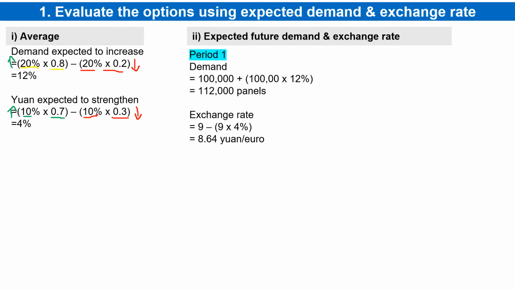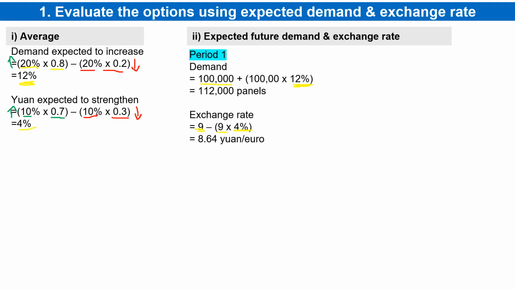So for period 1, the demand is 100,000 plus 100,000 times 12%. The 100,000 is the current demand now plus the average demand expected to increase. So we get 112,000 panels. And for the exchange rate, the current exchange rate now is 9 yuan per euro, so it is just 9 minus 9 times 4%.